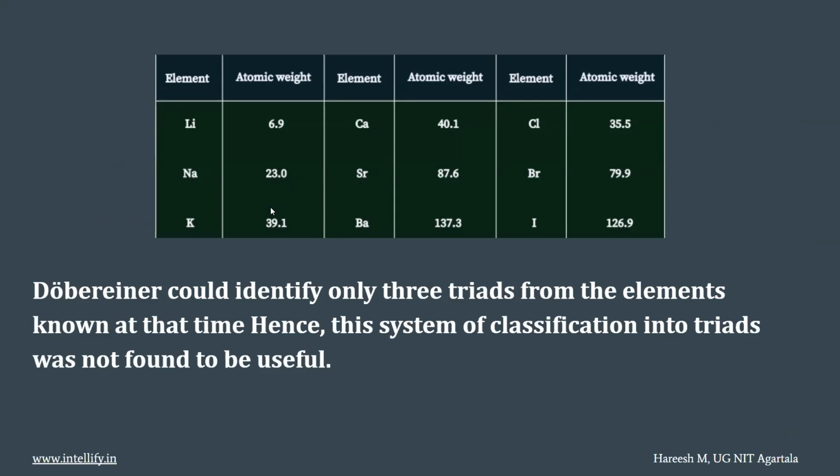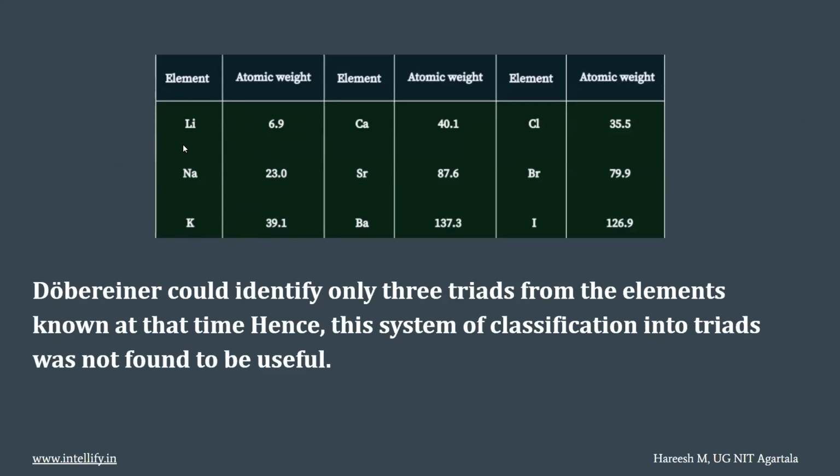What exactly Dobereiner is trying to say to us is that if you arrange the 3 elements, lithium, sodium, and potassium, according to the increasing atomic masses, you will notice that the atomic mass of sodium is the average of the sum of the atomic masses of lithium and potassium.